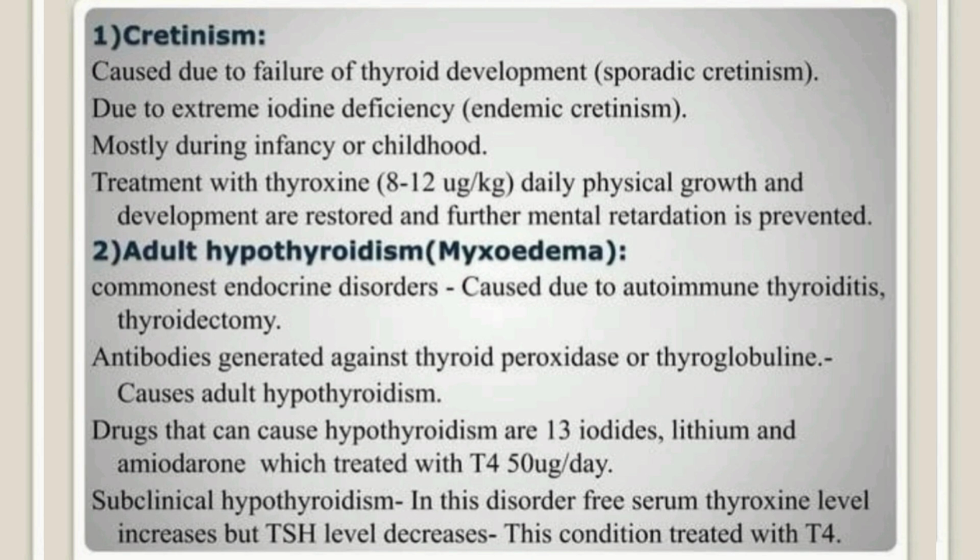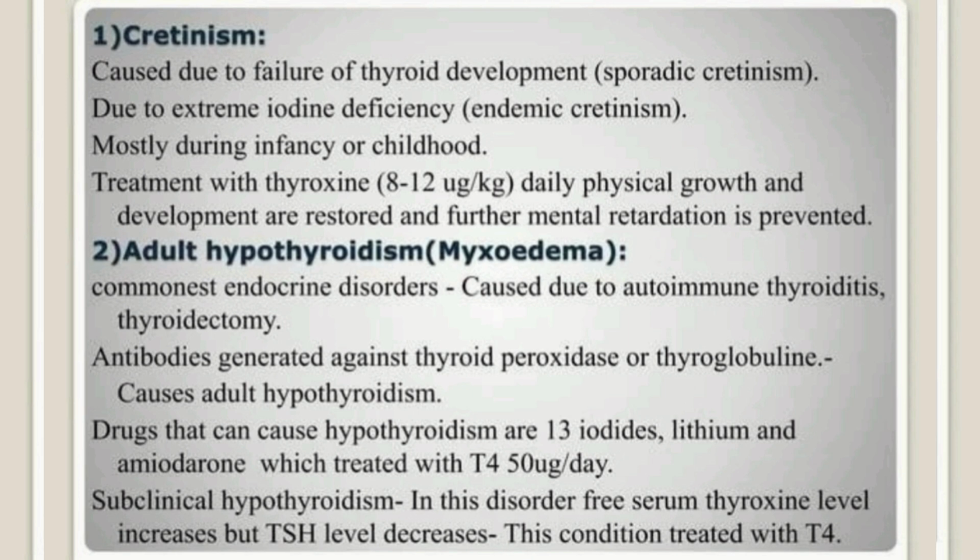Then adult hypothyroidism, that is myxoedema. It is the commonest endocrine disorder, caused by autoimmune thyroiditis and thyroidectomy. Antibodies generated against thyroid peroxidase or thyroglobulin cause adult hypothyroidism. Drugs that can cause hypothyroidism are iodides, lithium, and amiodarone.